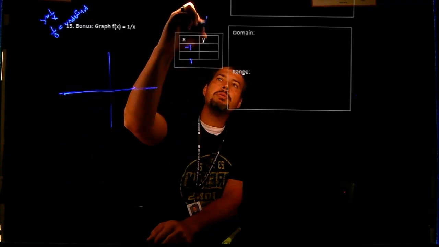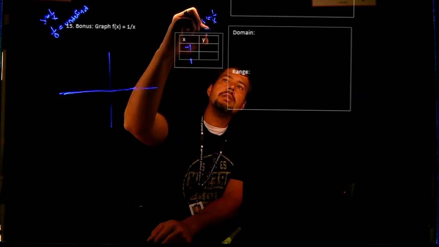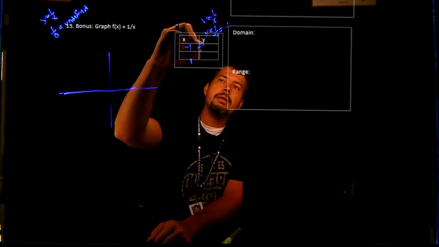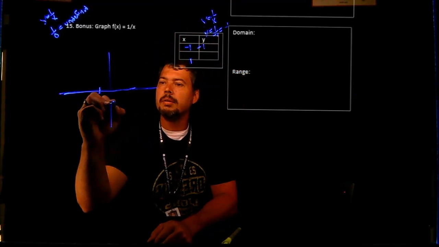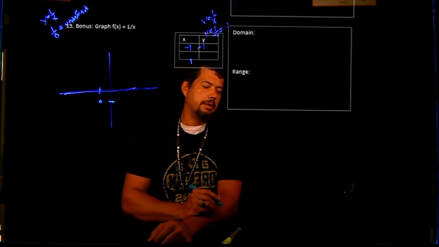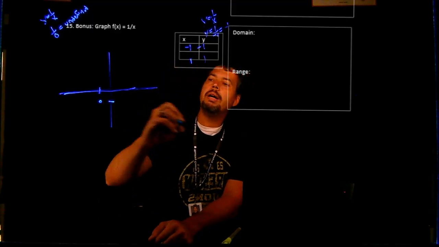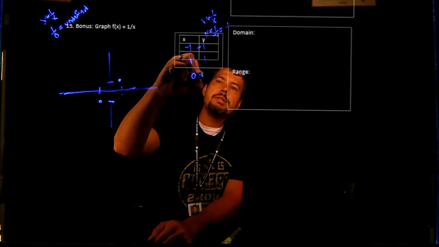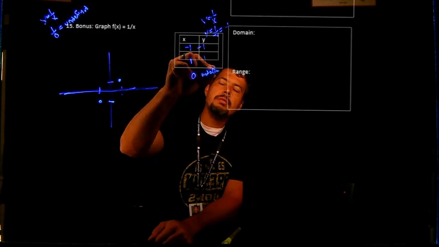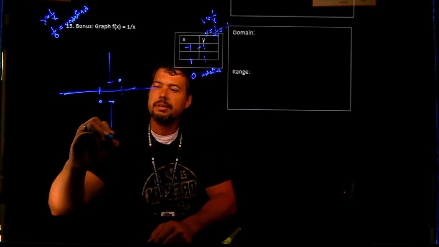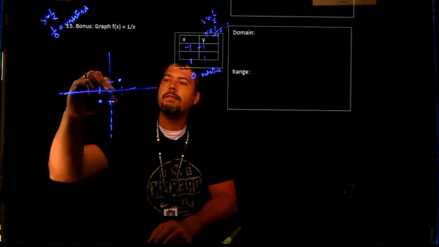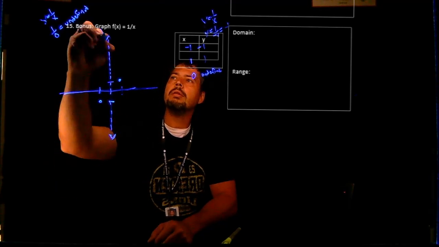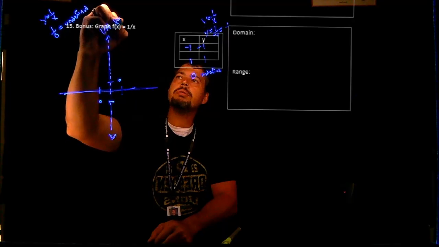All right, remember this is y equals 1 over x. So if I do y equals 1 over -1, I get a -1 back. And if I do 1 over 1, I get a 1 back. And remember, 0 was undefined. So what's happening here is there is a vertical asymptote at x equals 0.